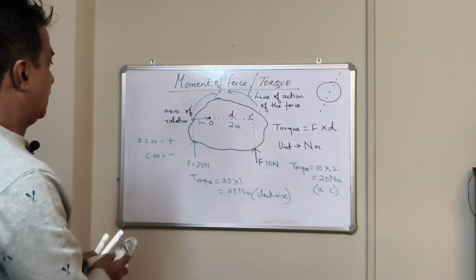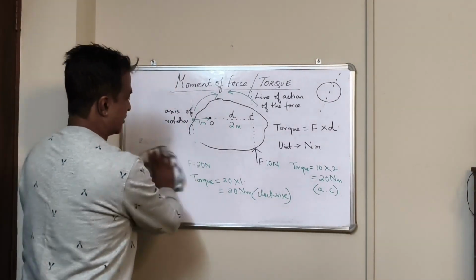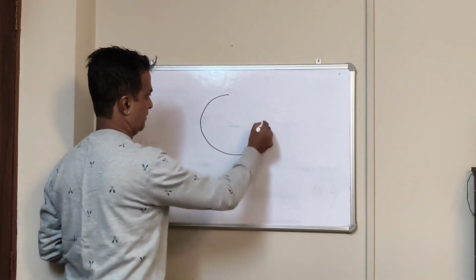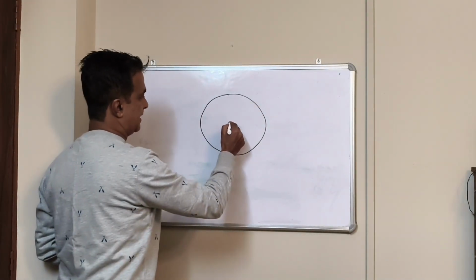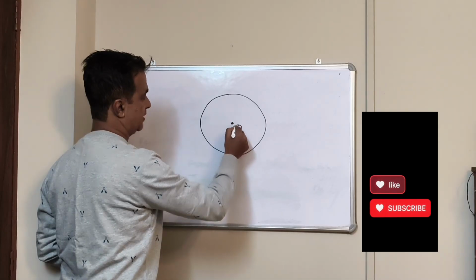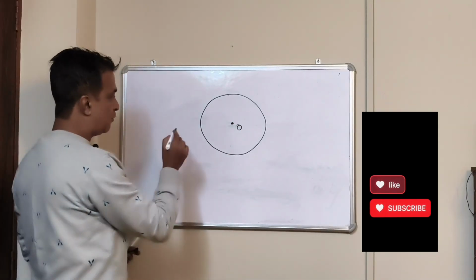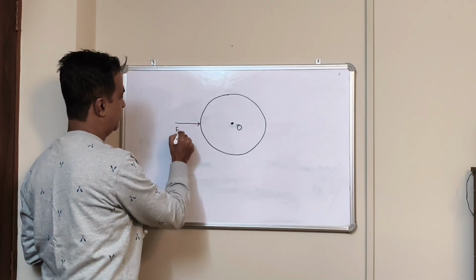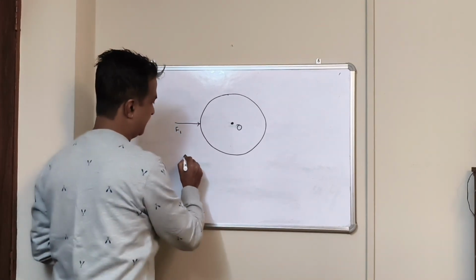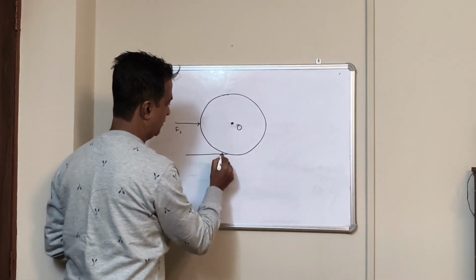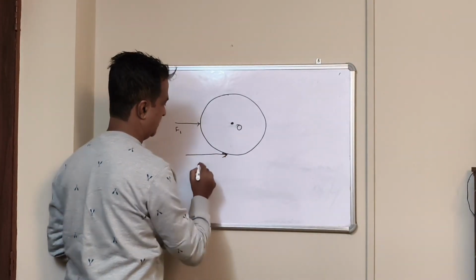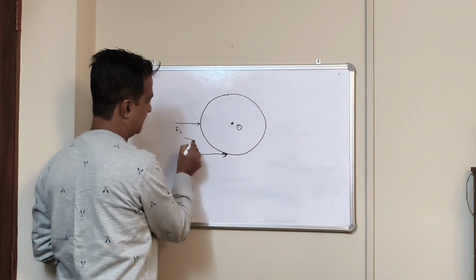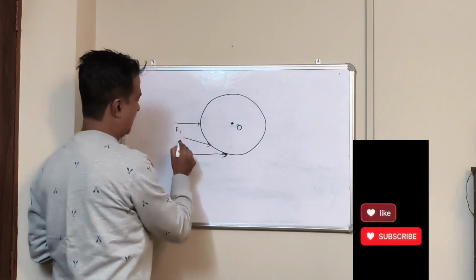Now, I want to put up a question for you all. Say here, this is the axis of rotation, and there are three forces being applied. One here, F1, one here, F2, and one here, F3.